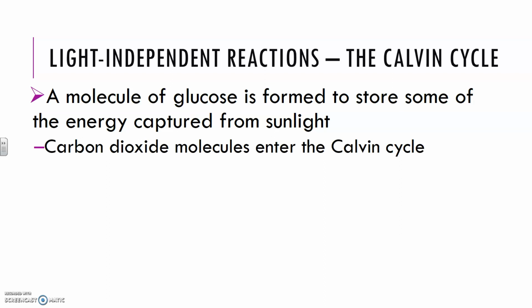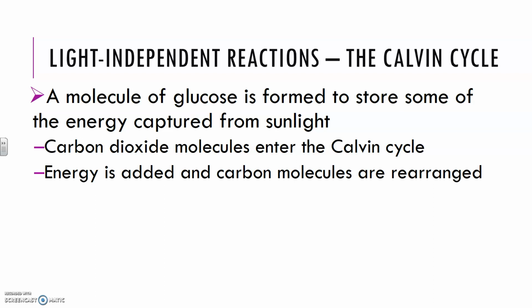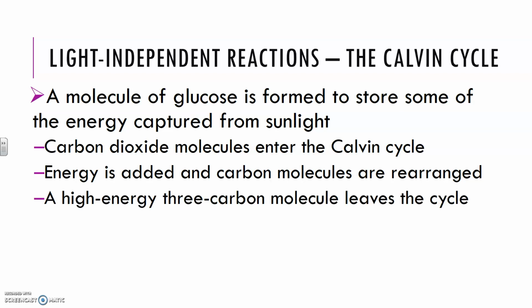So 6 carbon dioxide molecules will enter the Calvin cycle, and then energy is added to rearrange a bunch of different carbon molecules, and then a high energy 3-carbon molecule will leave the cycle.